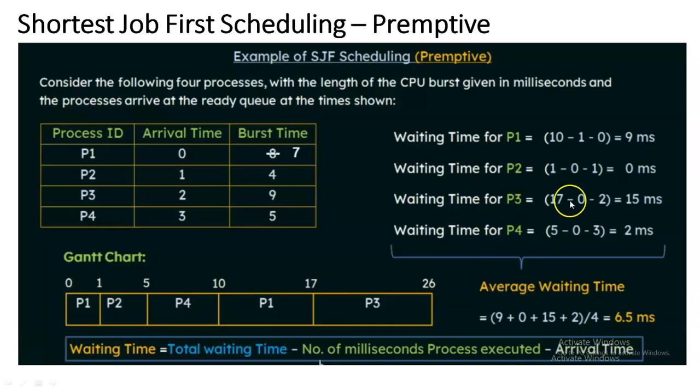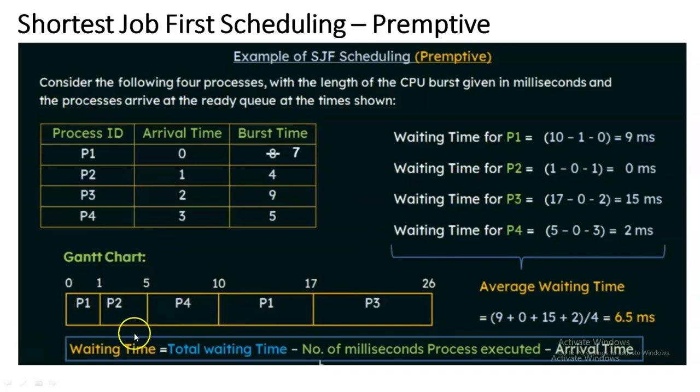Now you are going to calculate the waiting time for all the processes. Here the formula of waiting time for the preemptive algorithm is different. The formula is: total waiting time minus number of milliseconds the process executed already minus arrival time. I'll be explaining this. Here you can see P1 has been split into 2.